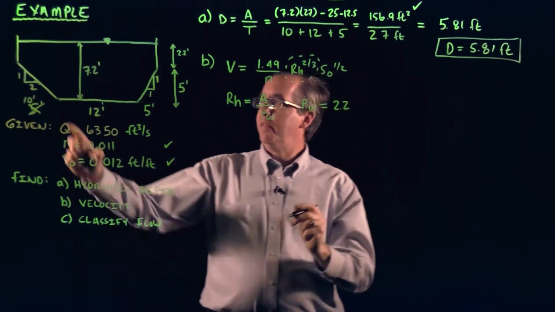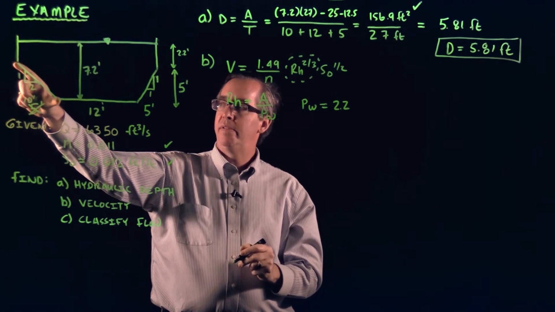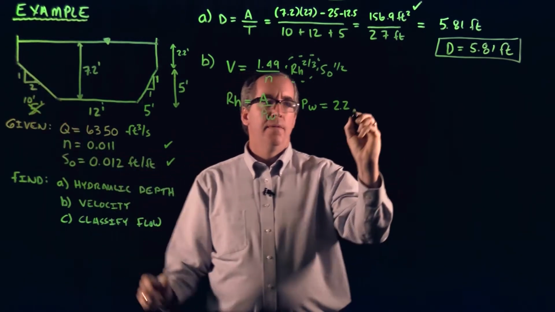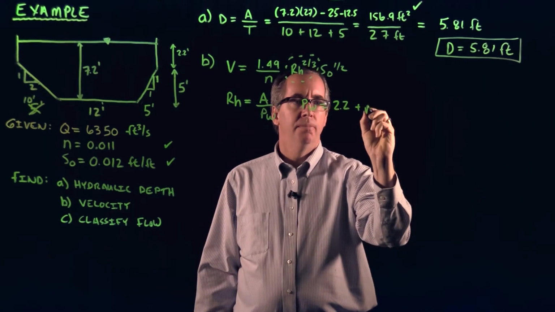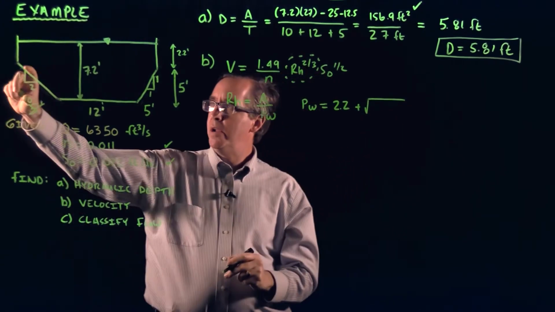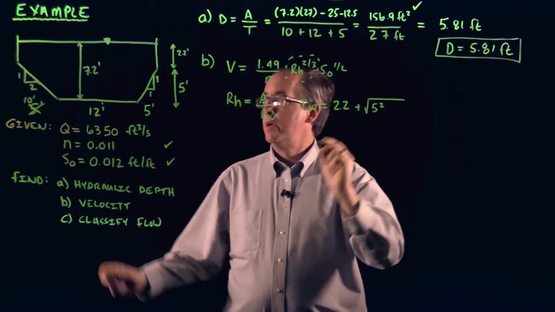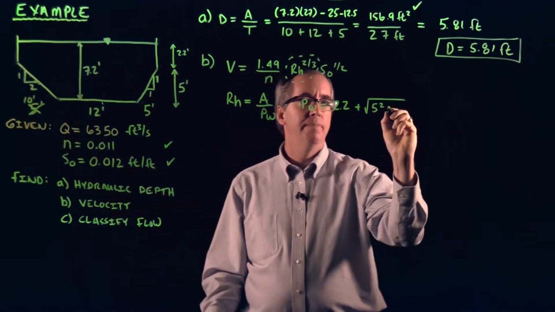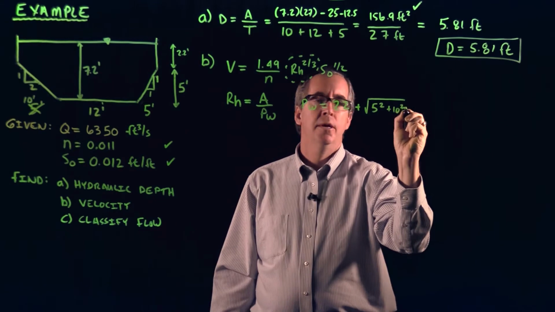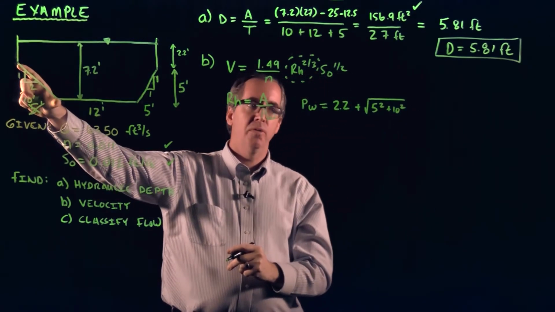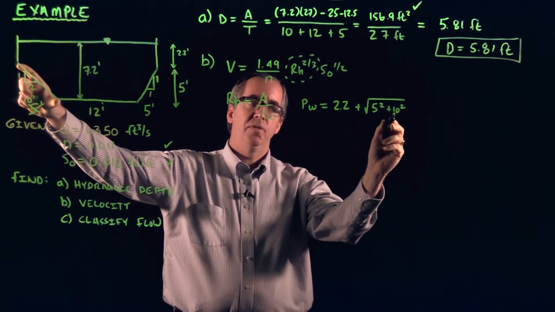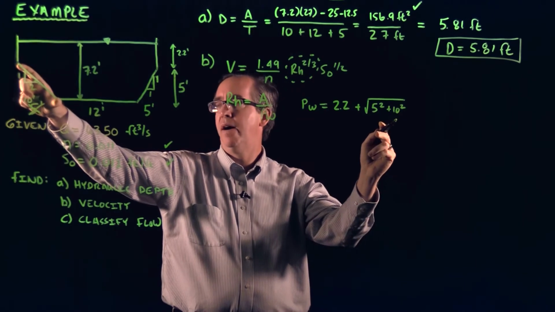Then I have to deal with this hypotenuse. Using the Pythagorean theorem, I know this depth here is 5 and this dimension here is 10, right? So this piece would be the square root of 5 squared plus 10 squared, which is the square root of 125.